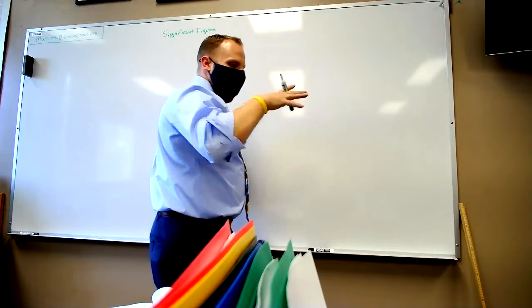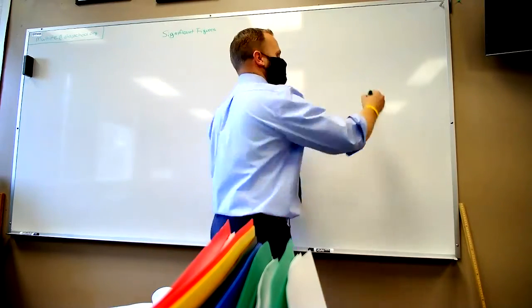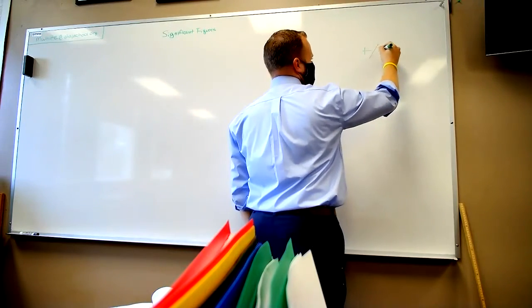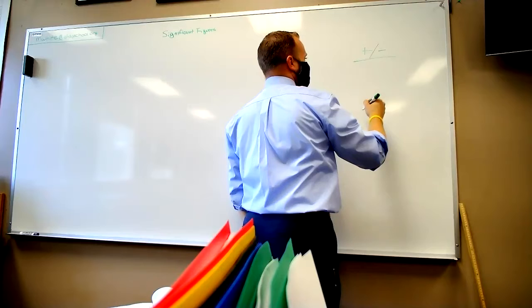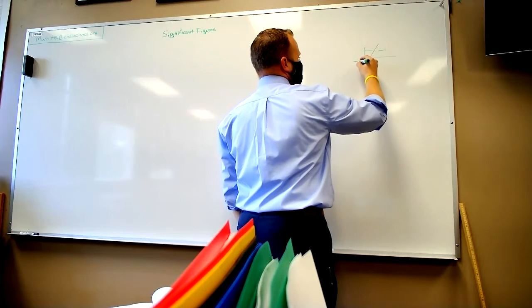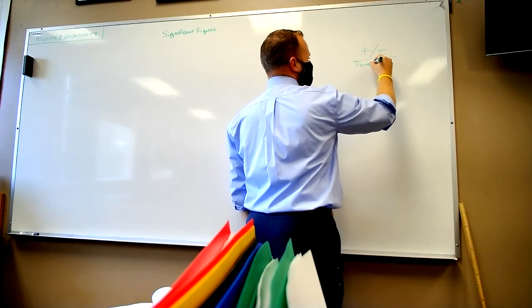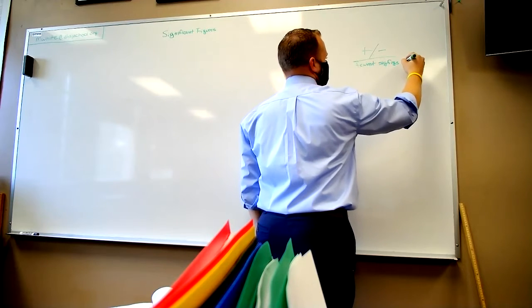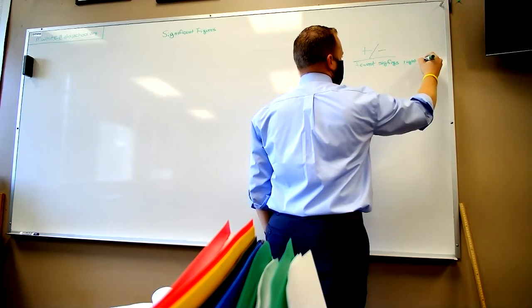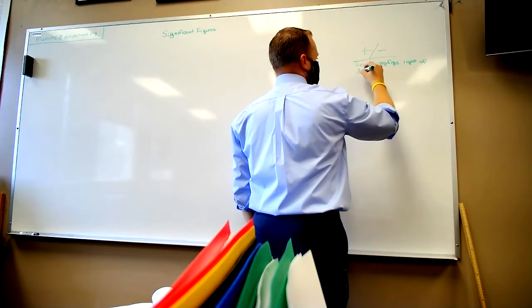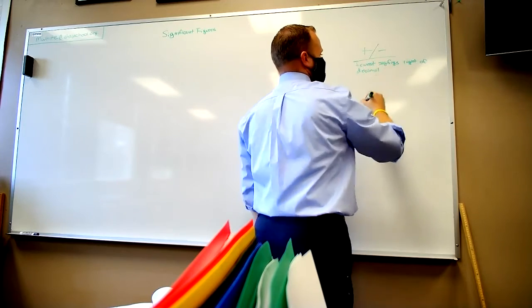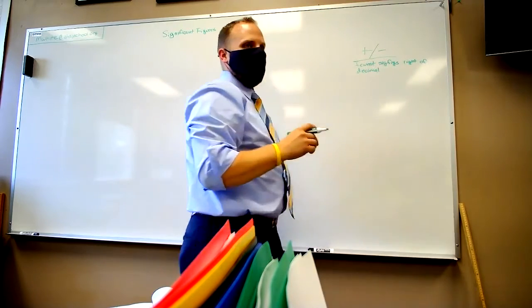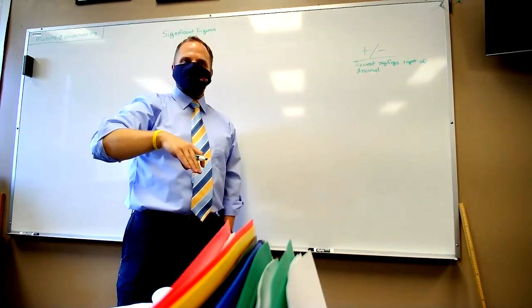So if you are adding or subtracting, the number with the fewest sig figs to the right of the decimal determines how many you can keep in your final answer.